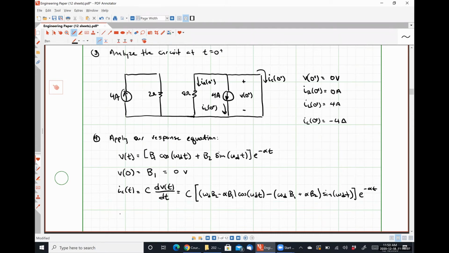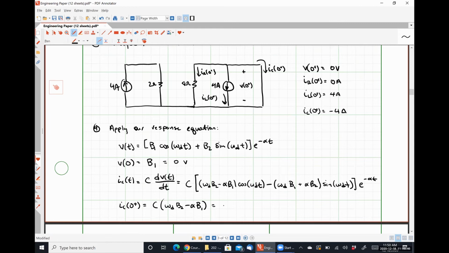At t equal to 0 plus, what does this reduce to? This goes to 1, this is 0, this goes to 1. So I would argue that IC at 0 plus is just going to be C times (omega d B2 minus alpha B1), and this is going to have a value of -4 amps.